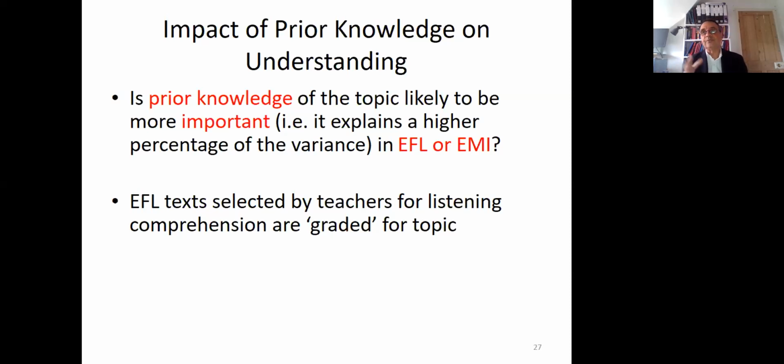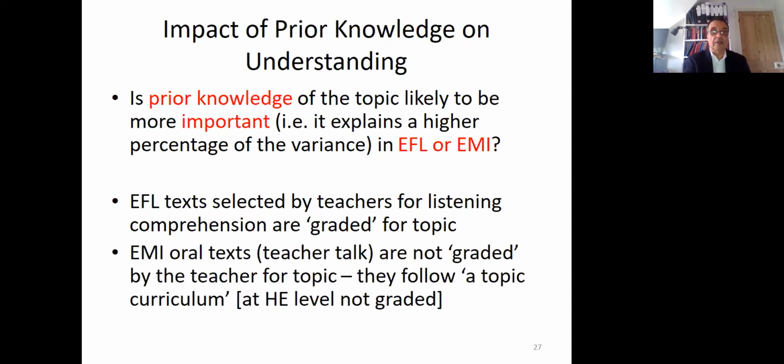Teachers don't tend to choose outlandish, weird topics for beginners. They tend to use topics that they're familiar with. Now, in an EMI context, the teacher talk is not graded, the topic, if you like, is not necessarily graded. They tend to follow a topic curriculum, and at HE level, it's not even graded.